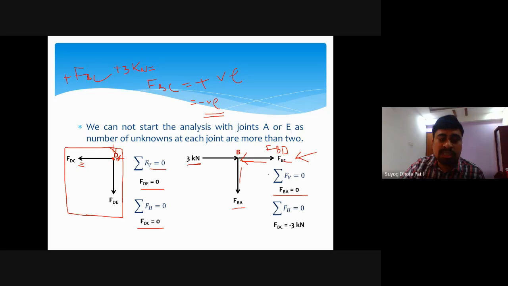These two parameters sum to 0, so FBC is equal to minus 3 kilonewton. The negative sign means the assumed direction of BC is false, so actually this member force FBC is moving towards the joint B.